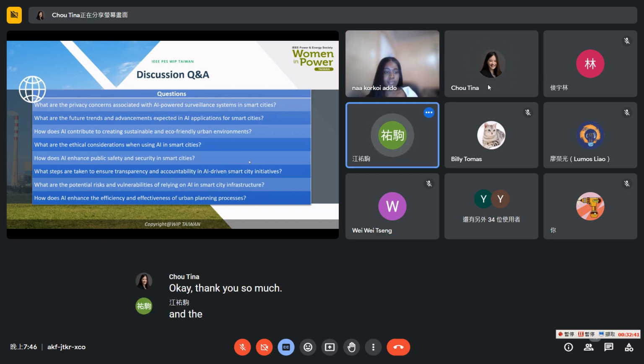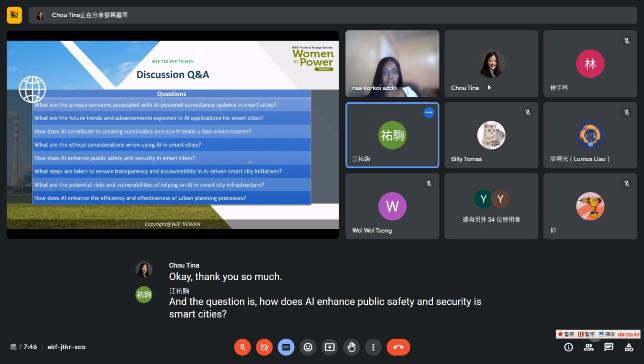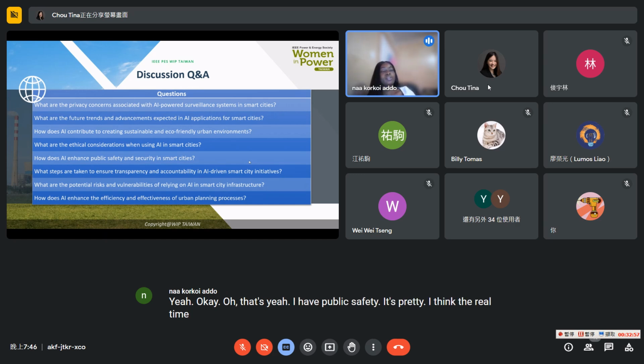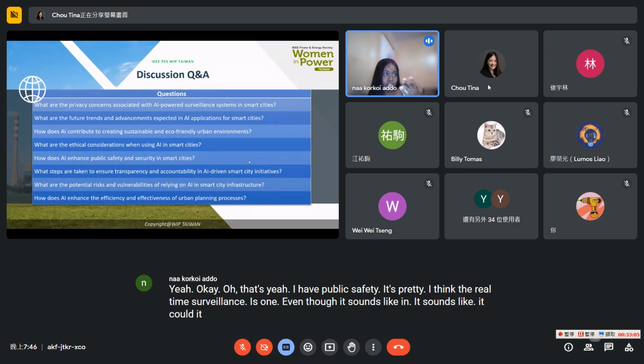The question is, how does AI enhance public safety and security in smart cities? I think real-time surveillance is one, even though it sounds like it has the chance of being breached or going wrong.